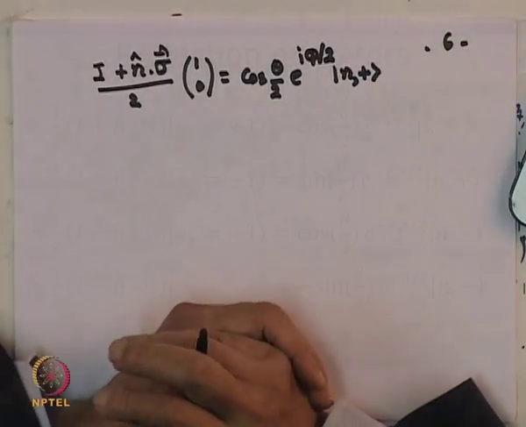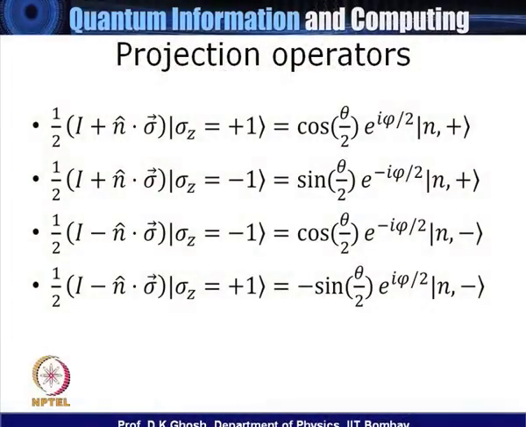The slide shows the other possibilities: what happens when the same operator acts on the state sigma z equal to minus 1, you find that it gives you essentially the same state but with a factor sine of theta by 2, and 1 minus n dot sigma by 2 is the projection operator for the eigenstate n minus, and acting on state minus 1 gives you this, and that is as written in the slide.